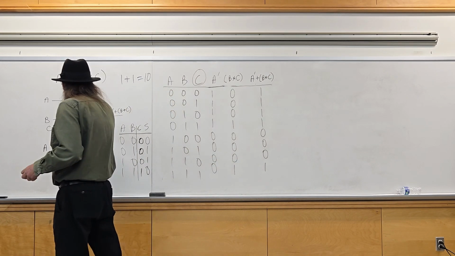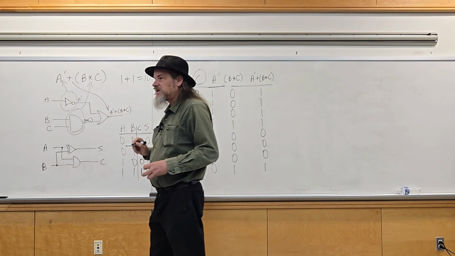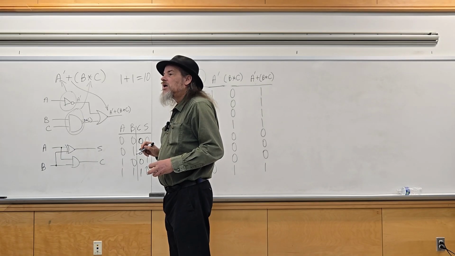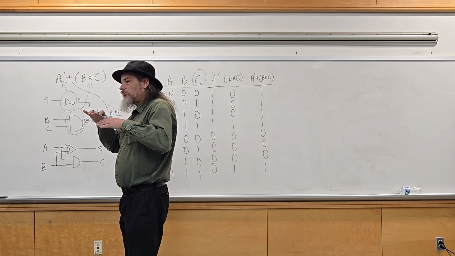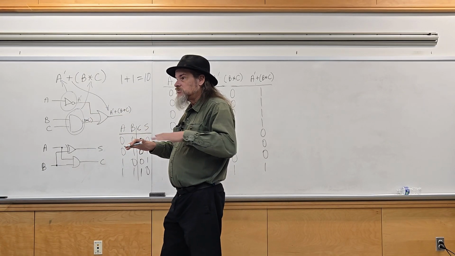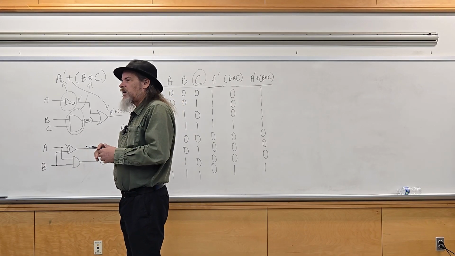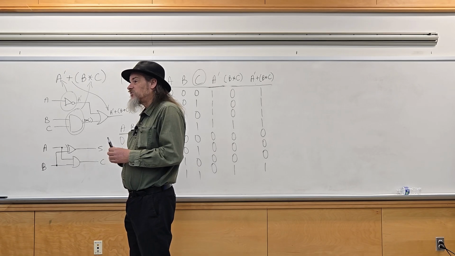Yeah, this is an output, but it's not connected. It's only connected to an input of the next gate. Yeah, you can go from an output to an input all you like, but having two connected outputs is a no-no.